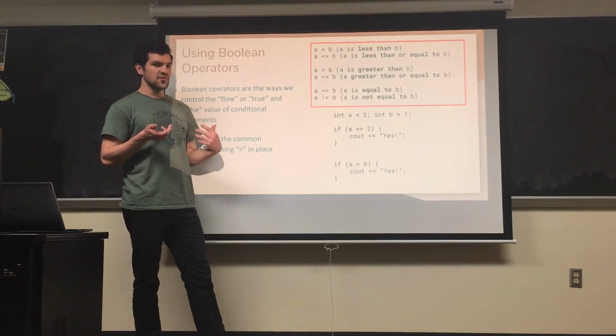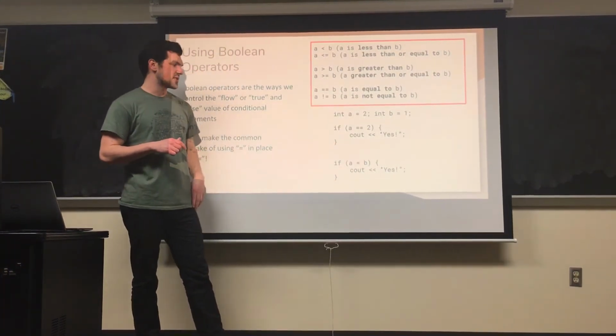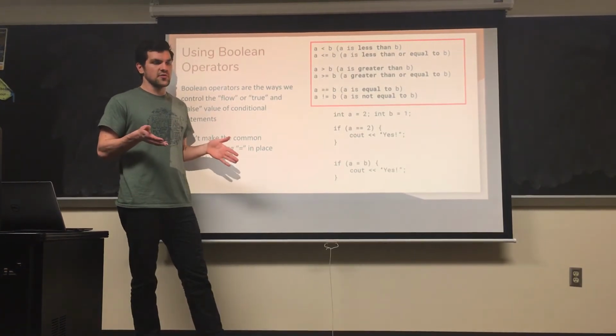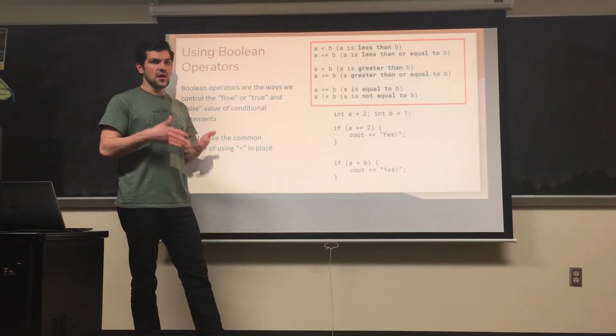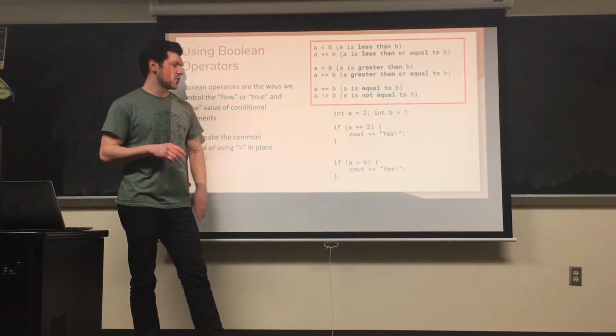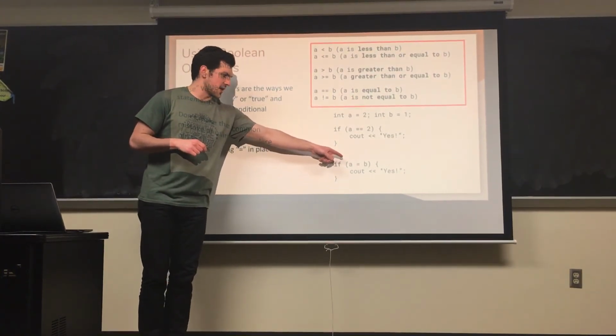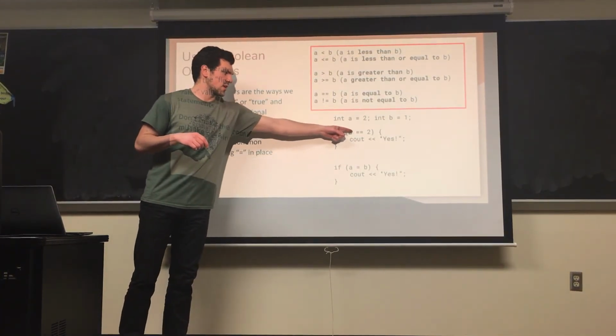What this does, if you try to write this in C++, is a will always be assigned to b. That statement's always true. If you're saying I want a to be b, it'll always evaluate as true, so it will always do the statement inside of it. So you really want to watch out for having this by accident as a potential bug instead of having the equals operator.